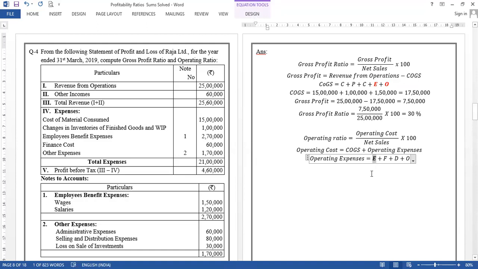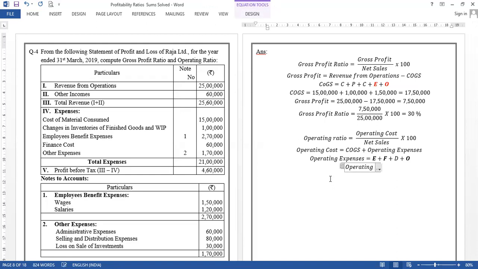From here, I need to check the indirect expenses only, that is not the direct expenses. F is finance cost, any interest on short-term borrowings. D is depreciation. O again, I need to check the operating expenses only. So I need to have a check on all these amounts, right? So let us start working on this.